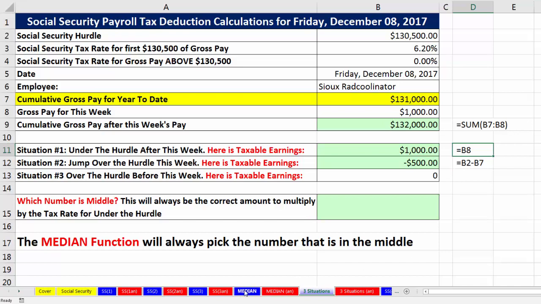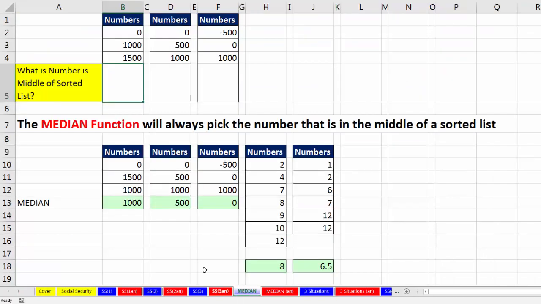So I want to go over to the sheet median. And we want to talk about the median function. The median function will always pick the number that is in the middle of a sorted list. Now, manually, we could do this, right? I'm looking at this sorted list, sorted smallest to biggest. So the one in the middle is 1,000. Over here, this sorted list, 500 is in the middle.